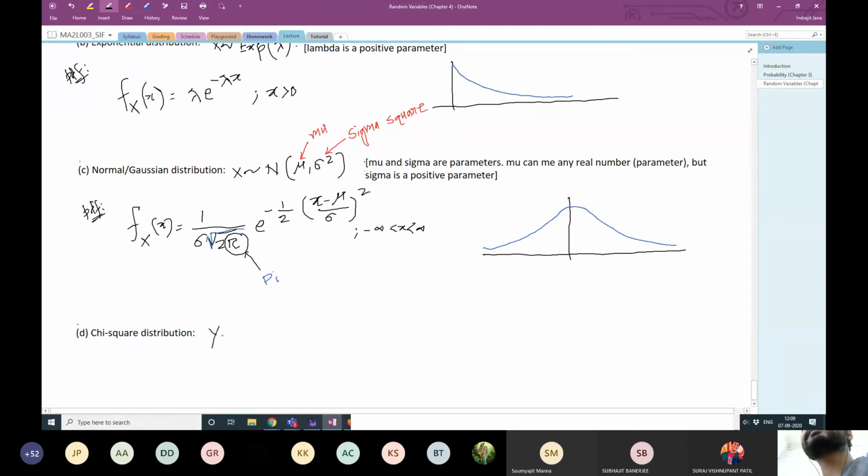So y follows chi-square with n degrees of freedom. We read this as chi-square with n degrees of freedom.